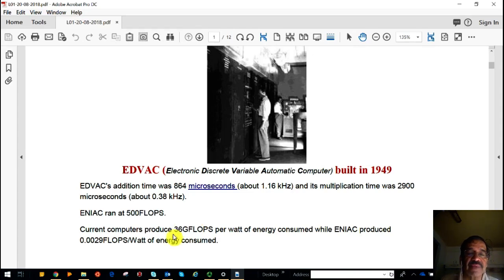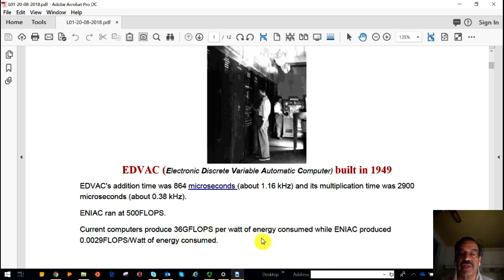But current day computers can do 36 gigaflops. Okay, not even mega, a giga. Mega is 10 to the 6, a giga is 10 to the 9. So 10 to the 9, a billion calculations. In fact, it's gone even beyond that. Sorry, this one is about flops per watt of energy consumed.